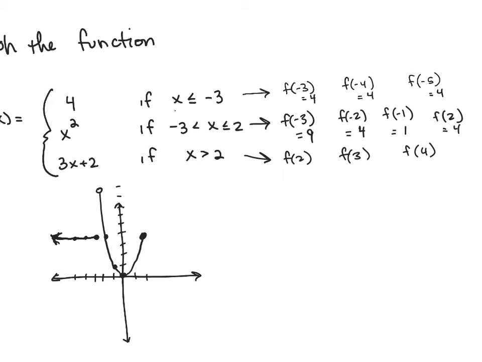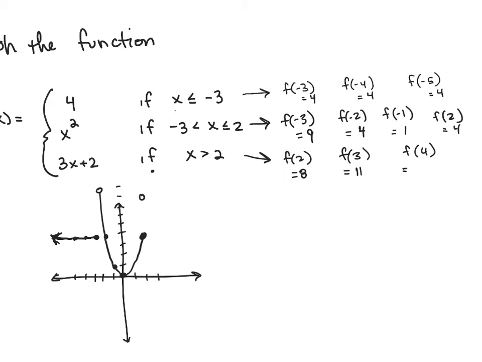If I plug a 2 in here, that's 6. 6 plus 2 is 8, and since it's a boundary number, I check is it an open or a closed circle. Greater than and not greater than or equal to means open, so (2, 8) would be an open circle right there. Now 3 times 3 is 9. 9 plus 2 is 11, so (3, 11) way up here.